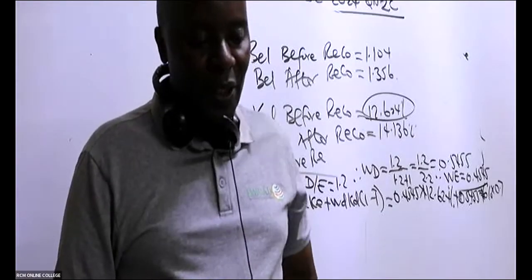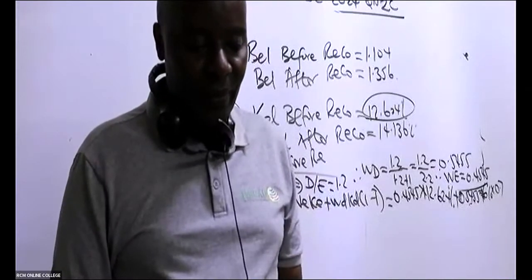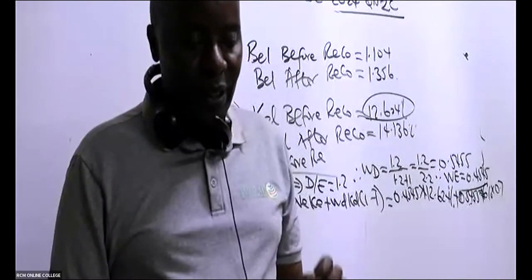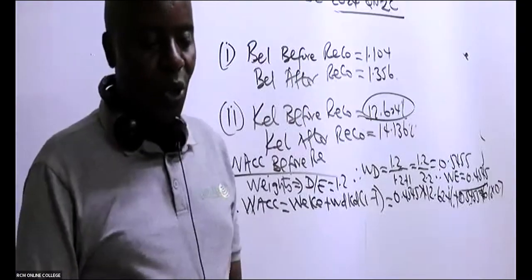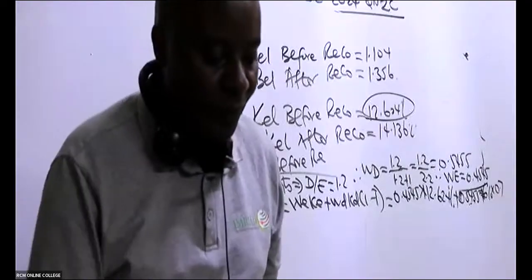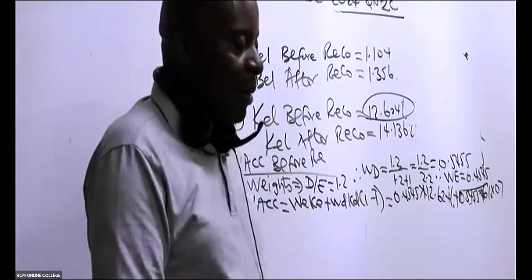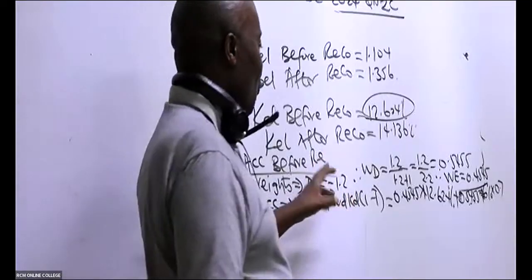So the most important thing is that they should be able now to do it. Should it be tested? They shall be able to do it. Is that okay, my good students? WD. Remember, WD is weight of debt.